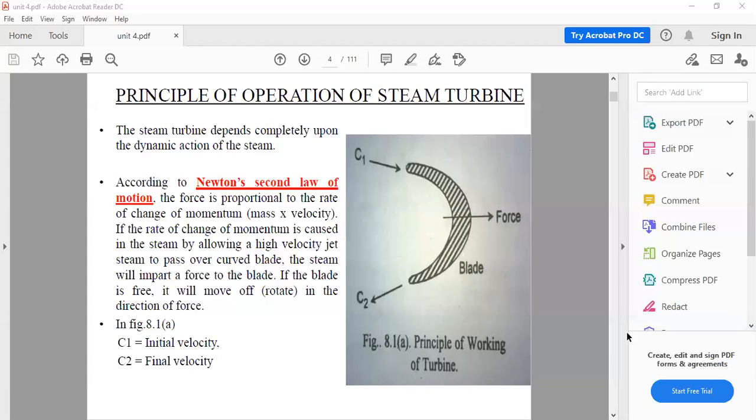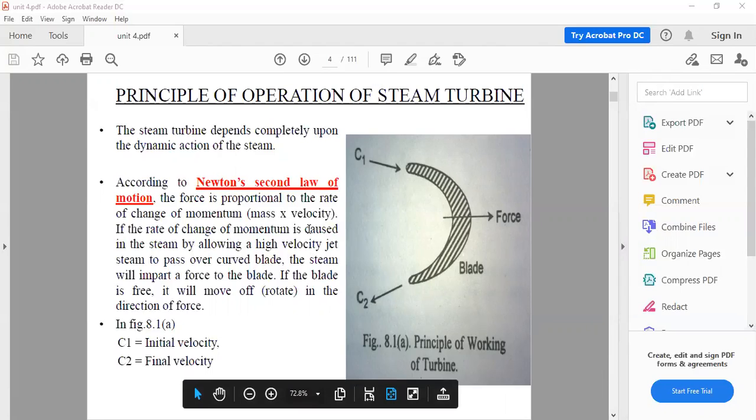According to Newton's second law of motion, force is proportional to the rate of change of momentum, that is mass x velocity in the x direction.